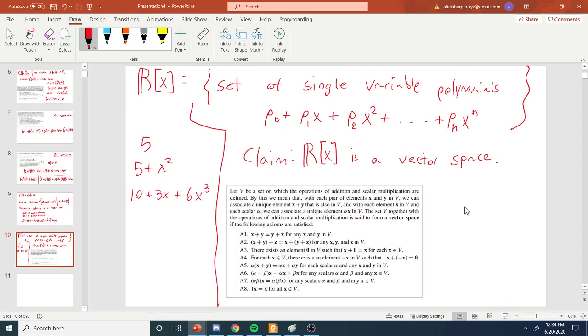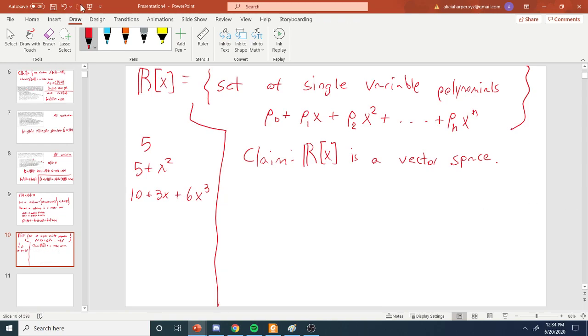Before we can even verify any axioms, we should at least say what the addition and multiplication operations are. So I'm going to write p of x for the polynomial that is p naught plus p1 times x plus p2 times x squared and so on. And I'm going to write q of x for the polynomial that starts with q naught plus q1 times x plus q2 times x squared and so on.